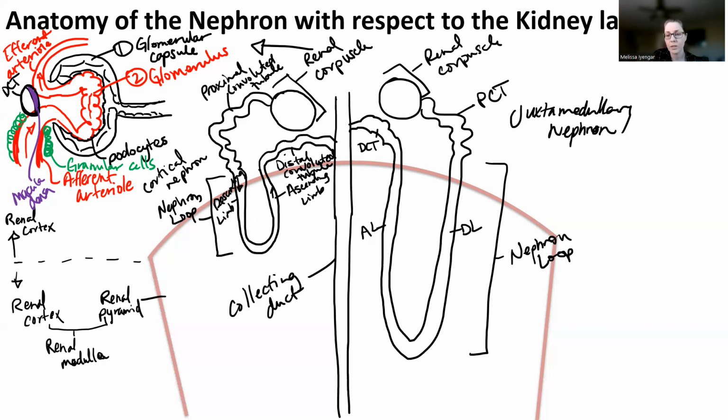One of the other differences is the juxtamedullary nephrons make up a smaller percentage of nephrons found in the kidney. So I think it's like 15%, whereas like 85% are cortical nephrons. Basically, cortical nephrons are the everyday nephrons that are making not necessarily dilute urine, but they're making the bulk percentage of urine.